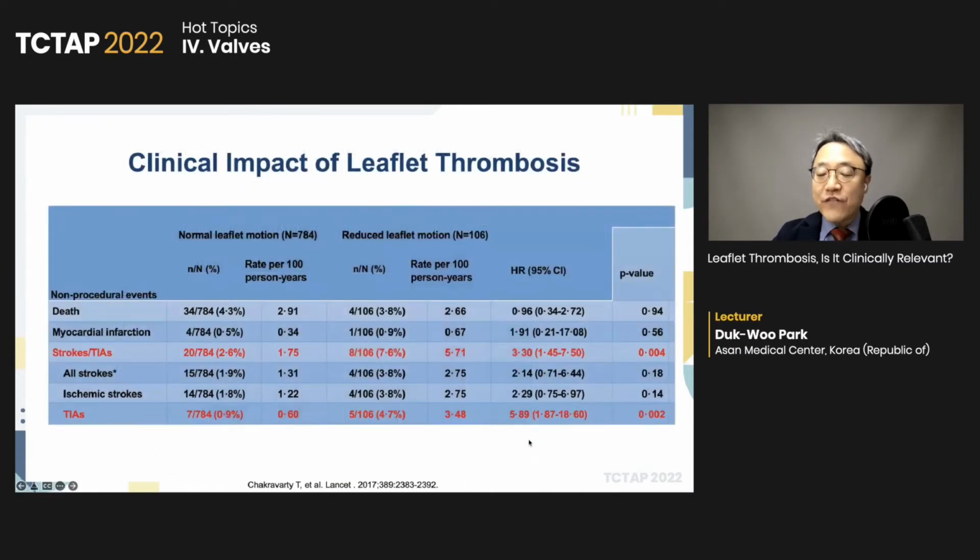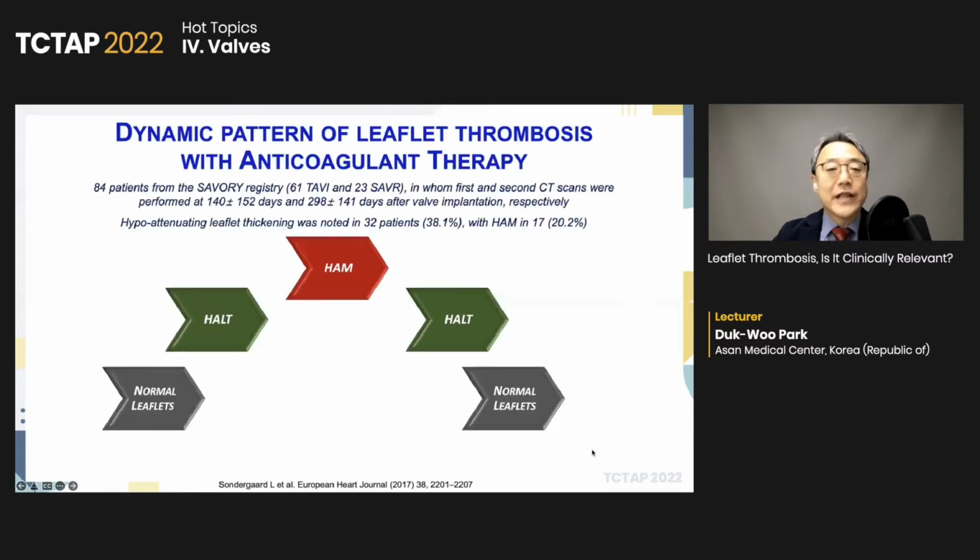One of the key findings is the clinical impact on stroke or TIA. Although this is observational data, the composite of stroke or TIA was significantly higher in patients with leaflet thrombosis, and the stroke alone showed some higher tendency. So this is also an important finding.